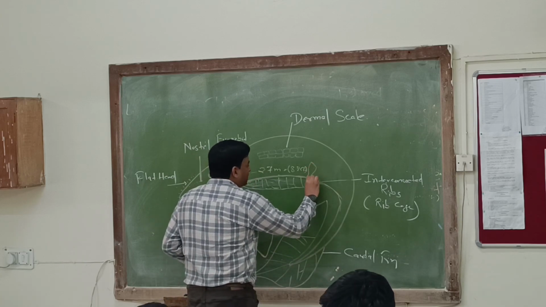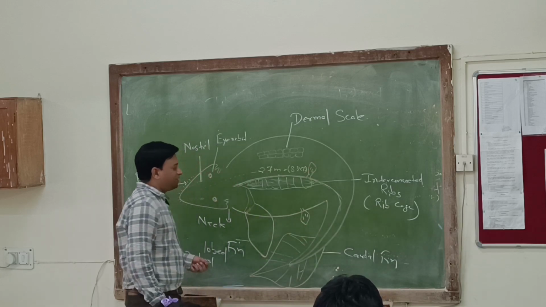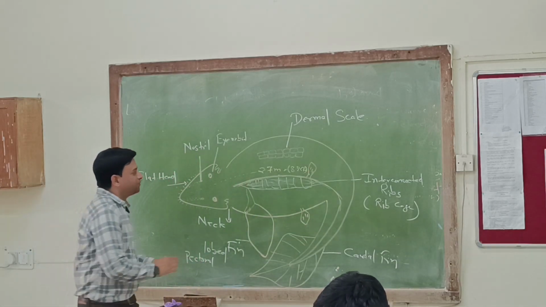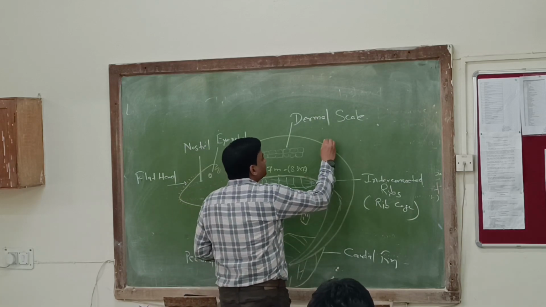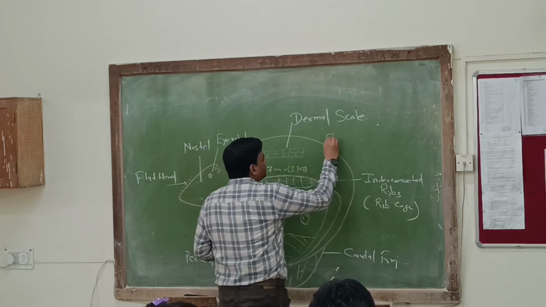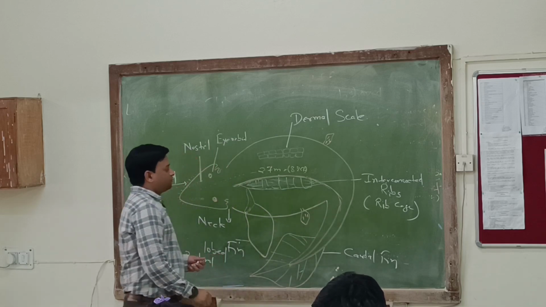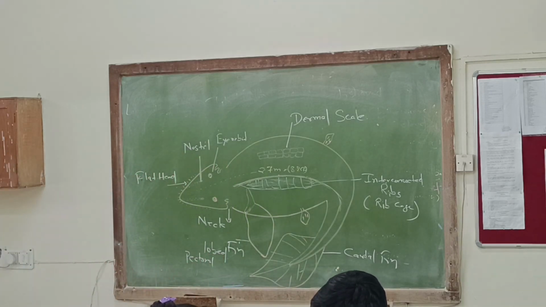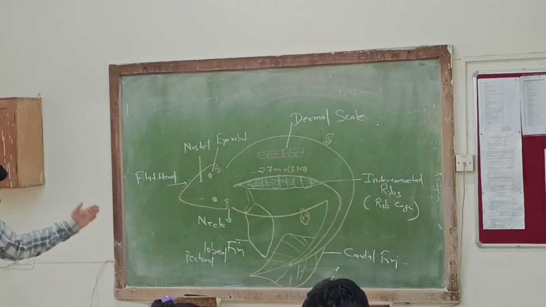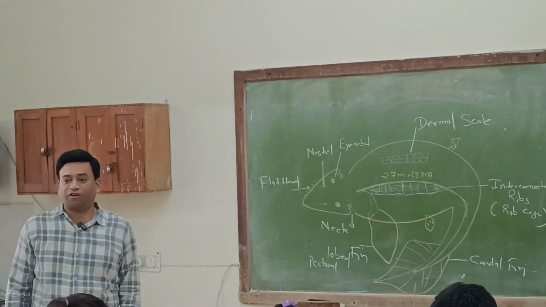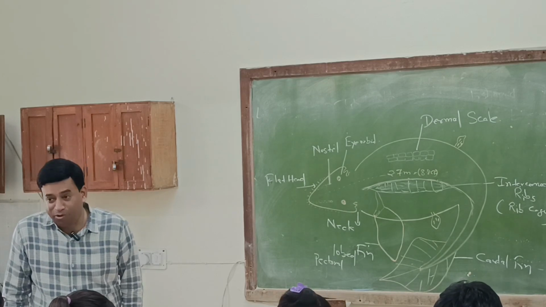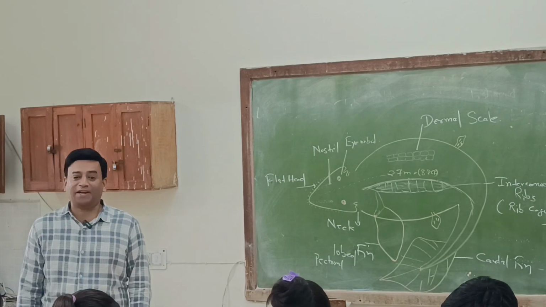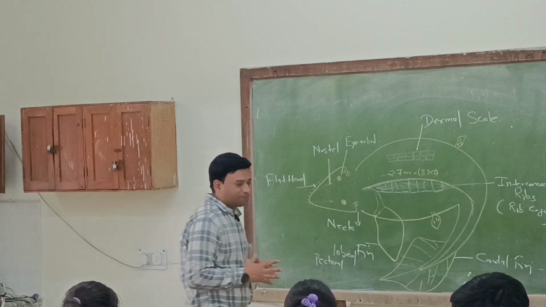So having said that, pectoral fin and the pelvic fin, that means it is 100% a fish. This is a fish. But very interestingly, when you see deep down the anatomy of these bones, you will find the tetrapod structure.